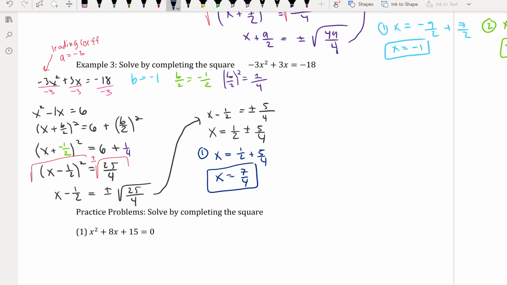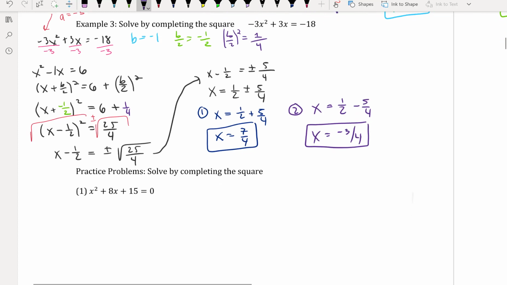Now for your second answer, you're going to do the subtraction. So x is equal to 1/2 minus my 5/4. So I'm going to get that x is equal to -3/4. Okay, so that is how you do completing the square.